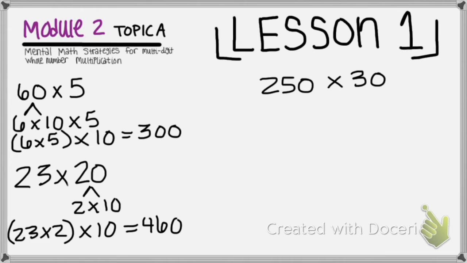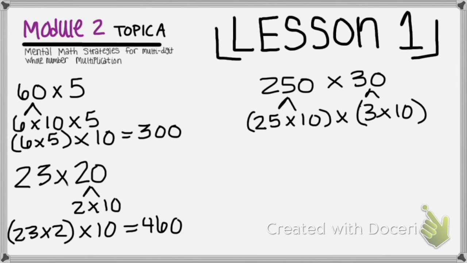All right, our last problem we'll look at for Lesson 1 is 250 times 30. In this case, we could actually decompose both numbers. So 250 is 25 tens, or 25 times 10. 30 is 3 tens, or 3 times 10.